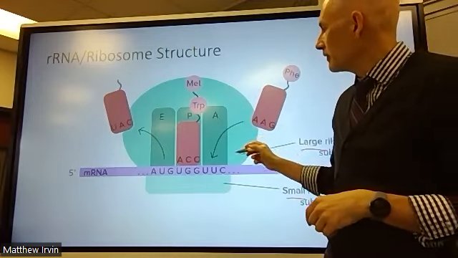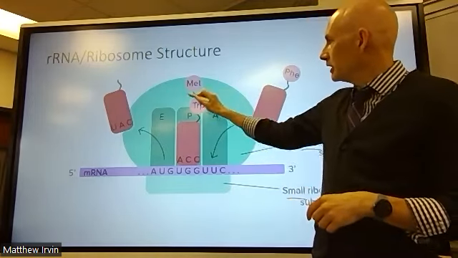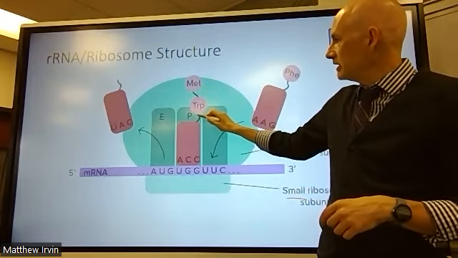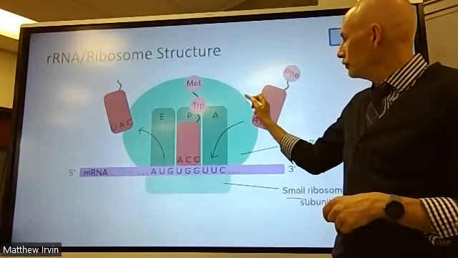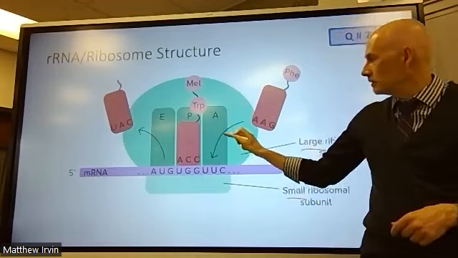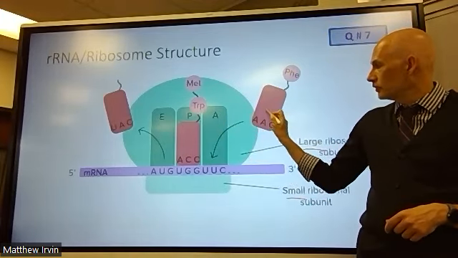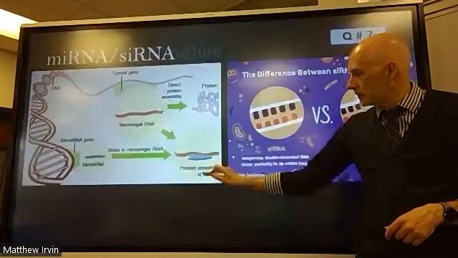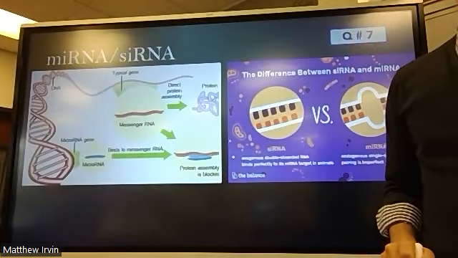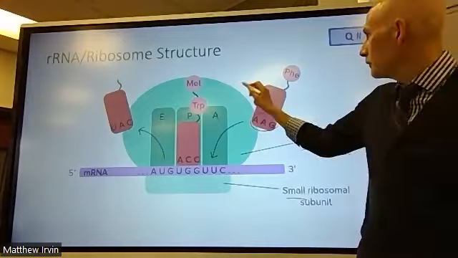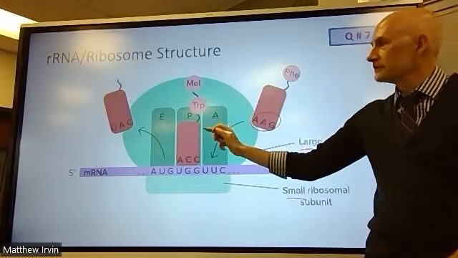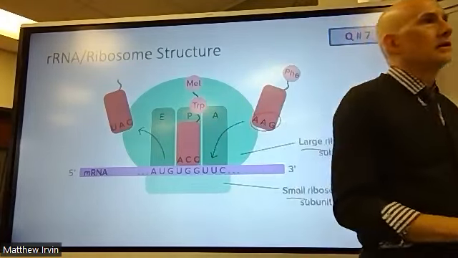Remember that you have your building protein in the P site, your new tRNA comes into the A site, your anticodon matching to your codon, and then we transfer those, everything will shift, and things go out the E site.